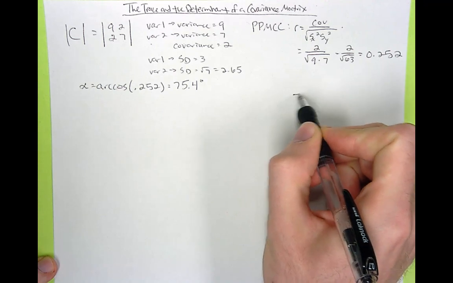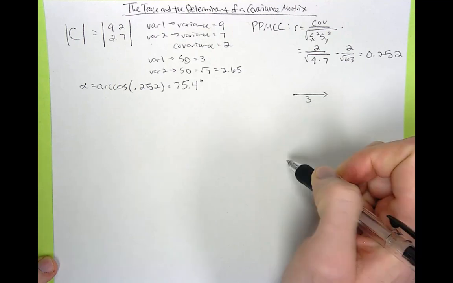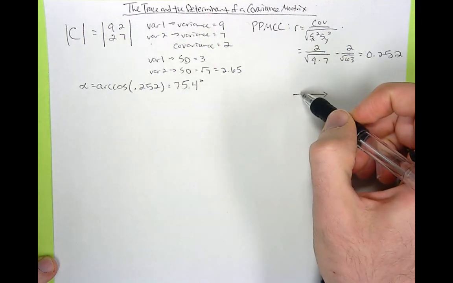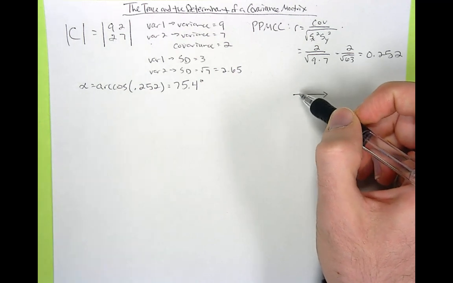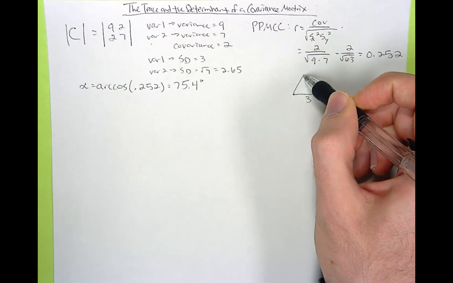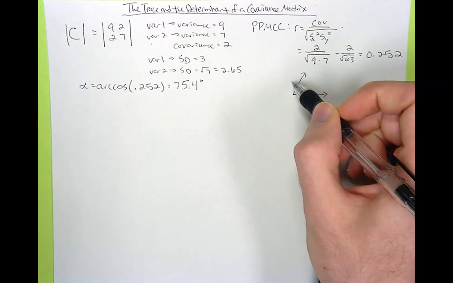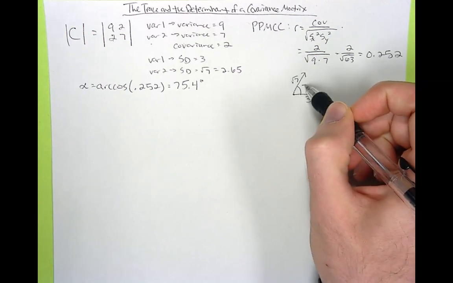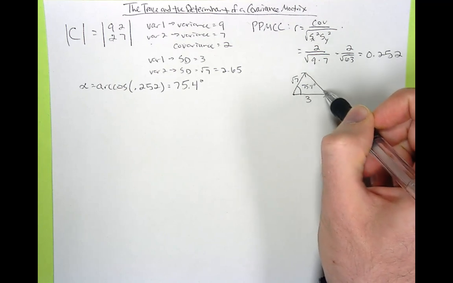Now conceptually this might be a little hard, but let's say I drew a vector out here, and let's just assume this is a vector of length 3. Now if we have an angle of 75.4, it's about maybe right here, and we have another vector of length square root of 7, 2.65. And we can connect these if we wanted.